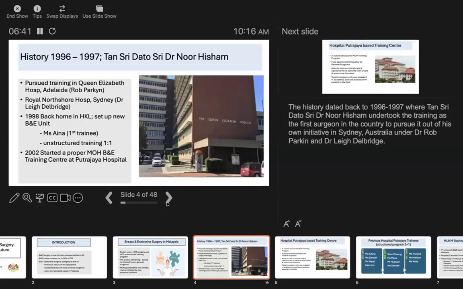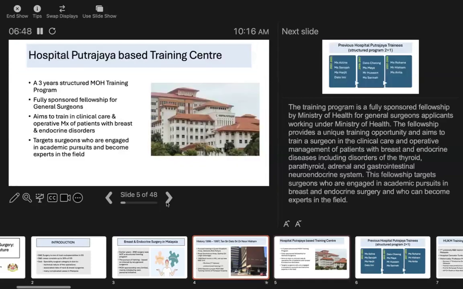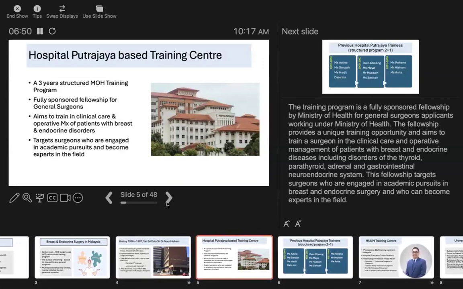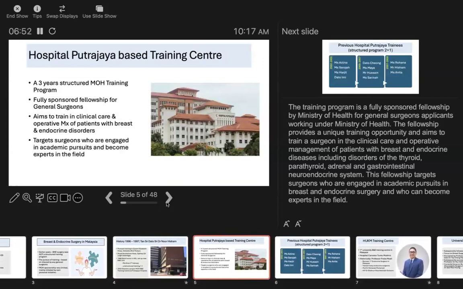So this is the Queen Elizabeth Hospital, where the country's DG performed his training in Australia. Now, the Putrajaya Hospital Training Center started as a 3-year structured MOS training program, dedicated to general surgeon applicants working under the Ministry of Health.